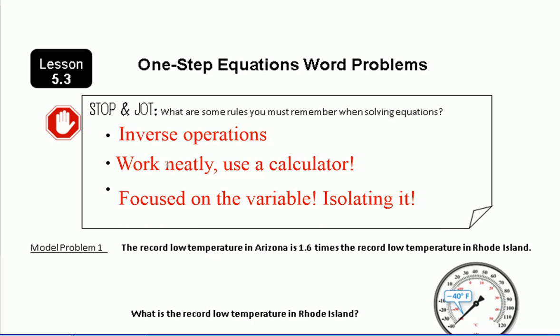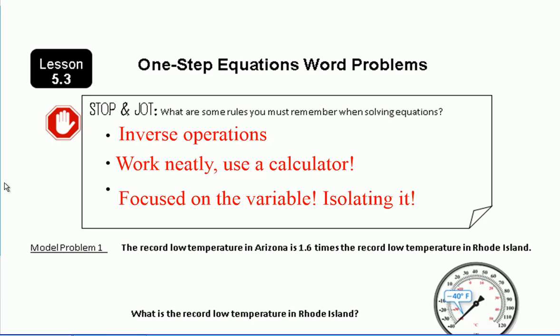So if this was a reflection question, the first sentence I would write down is restating this question. So what are some rules you must remember when solving equations? Some rules you must remember when solving equations are, and then I would write these 3, put a period, and call it a day. Very, very easy to write a good reflection answer.